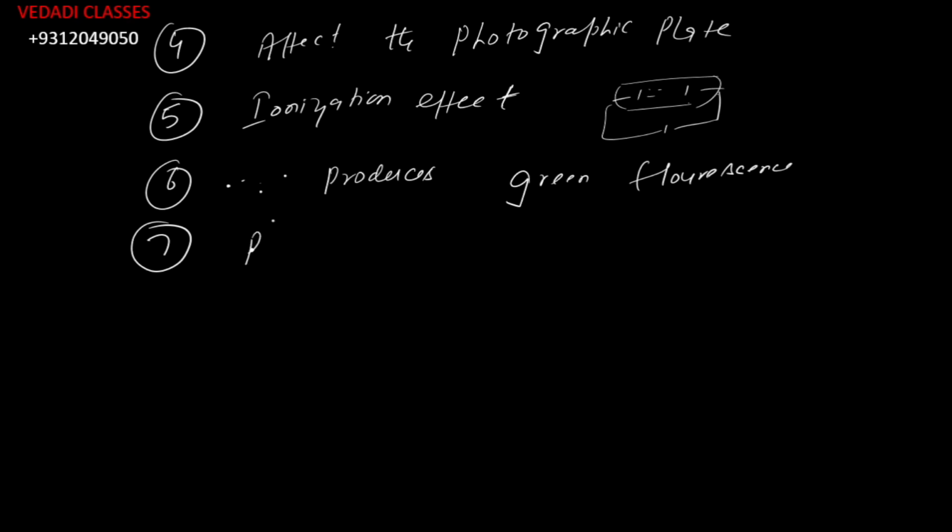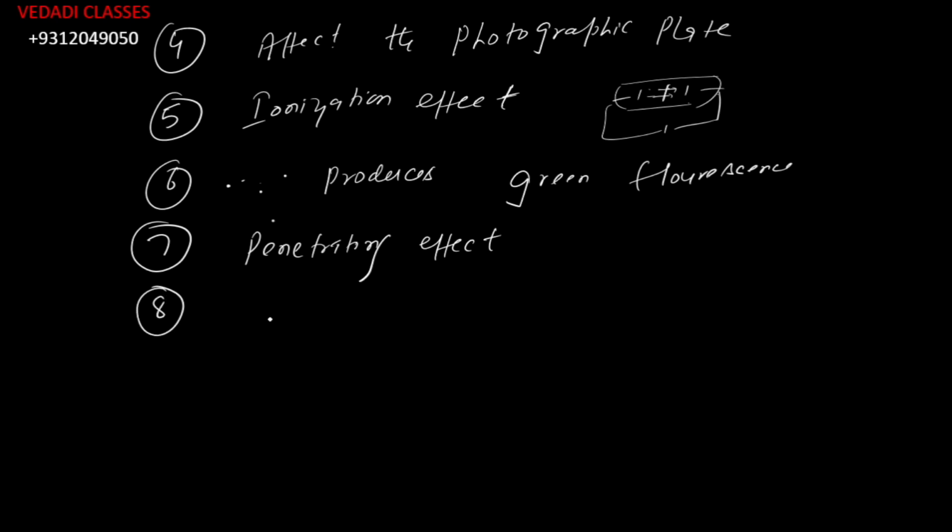It also shows a penetrating effect. As we put some thin foil in the path of the cathode ray, it penetrates it, so we can say it has a penetrating effect.